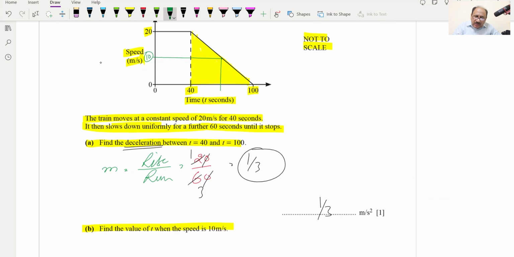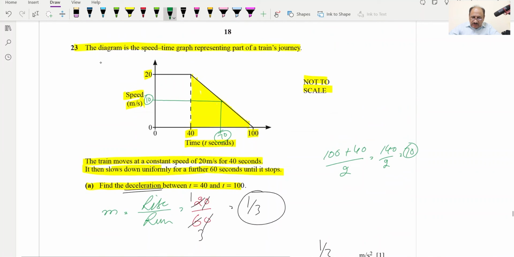So between 40 and 100 is 60, which will be divided into 30, the middle point of 40. What we can do is add 100 plus 40 over 2, which is 140 over 2, equal to 70. So this point will be 70, so we can write the answer as 70.